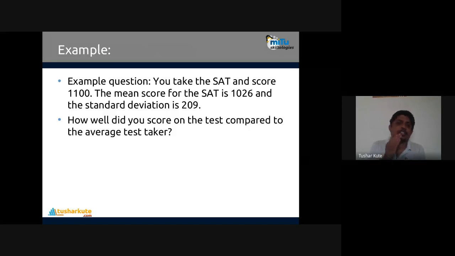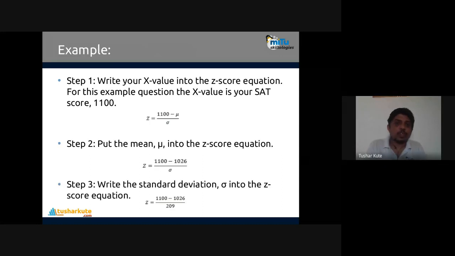So basically, mean is given here. We are more than the mean: the mean score is 1026 and your score is 1100. But using the Z score, I want to identify how your performance is better than the others. Now see, first of all, write down the x value in the Z score equation. In this case, your x value is 1100, your SAT score.